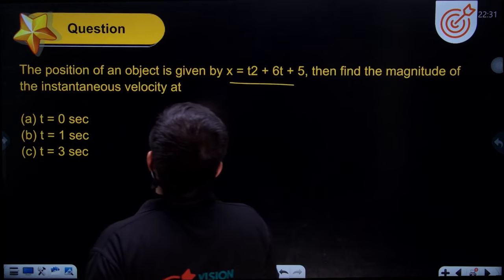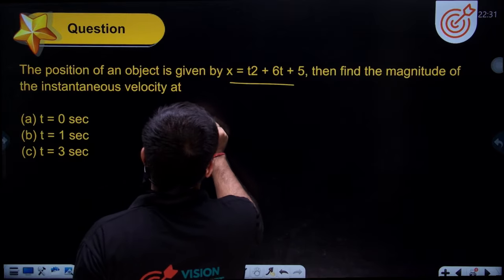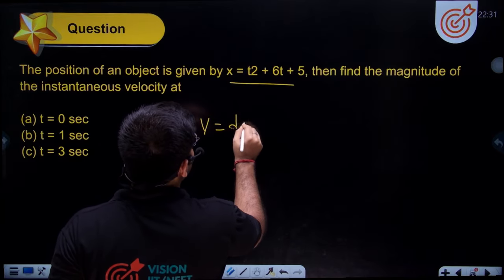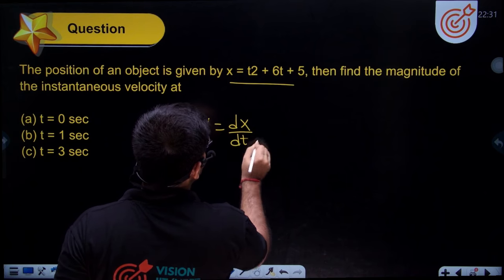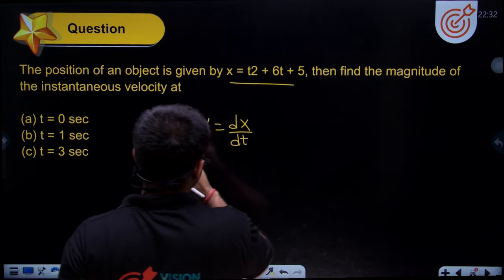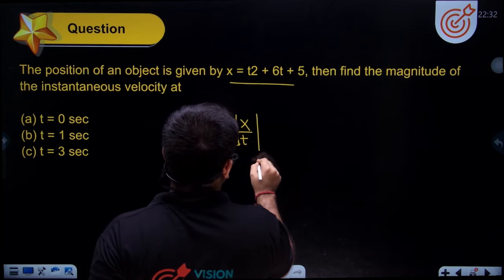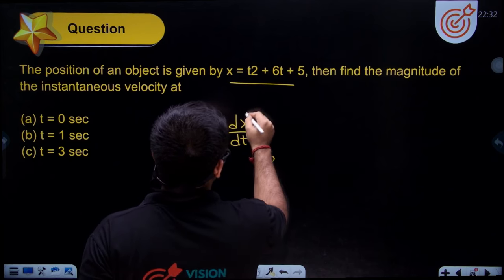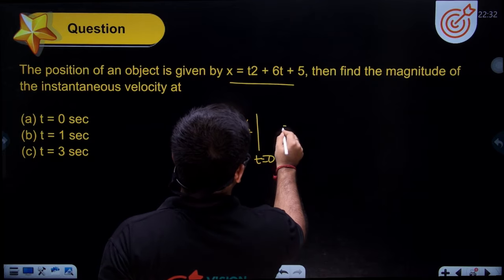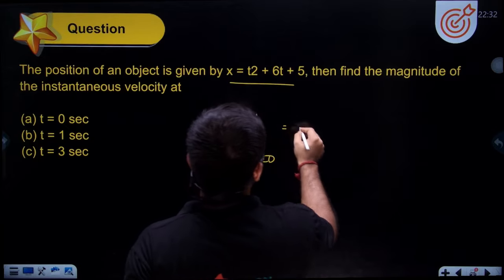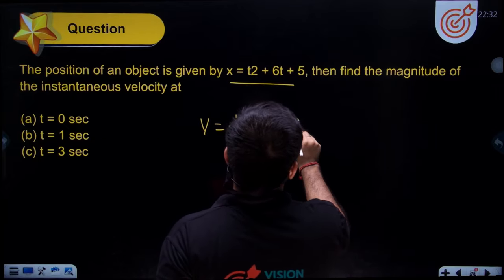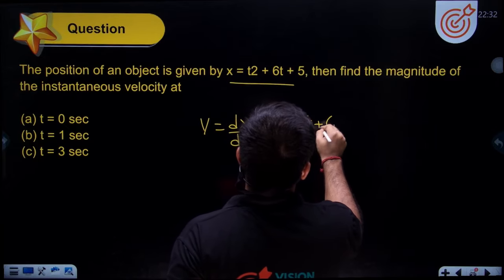Velocity we need. So velocity is nothing but dx/dt. And they are talking about instantaneous. So first I am going to find out at t is equal to 0. So let us differentiate this. If I differentiate this equation, dx/dt becomes 2t plus 6.